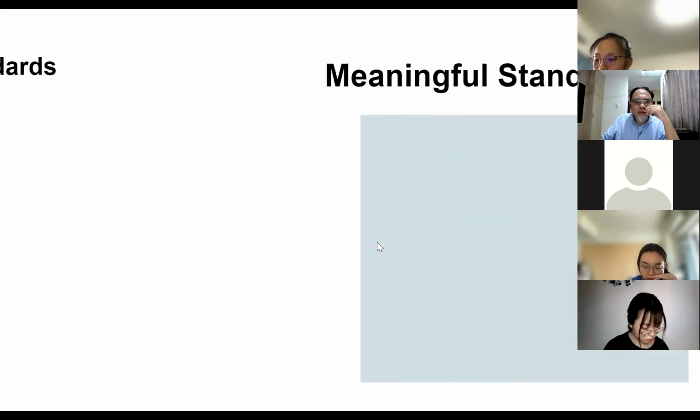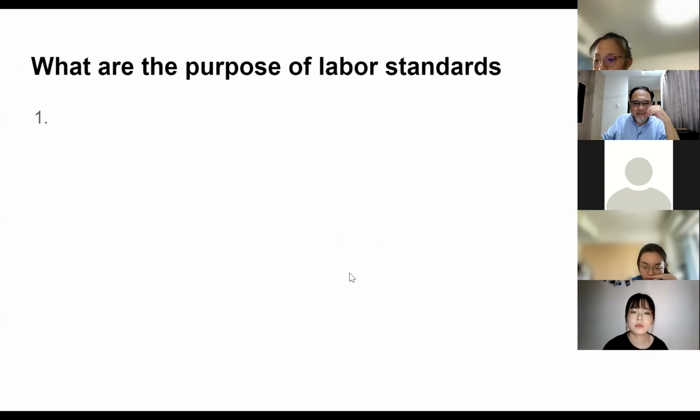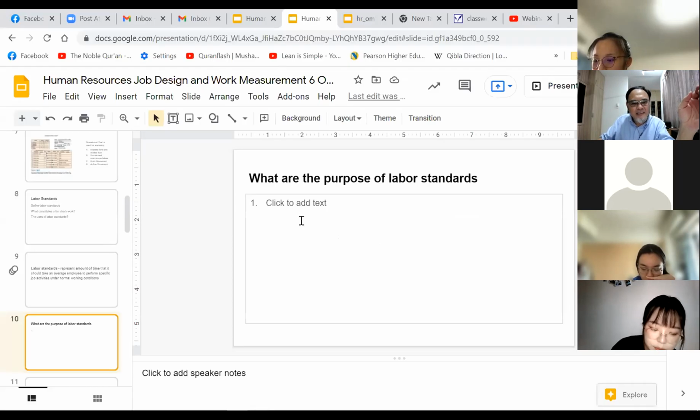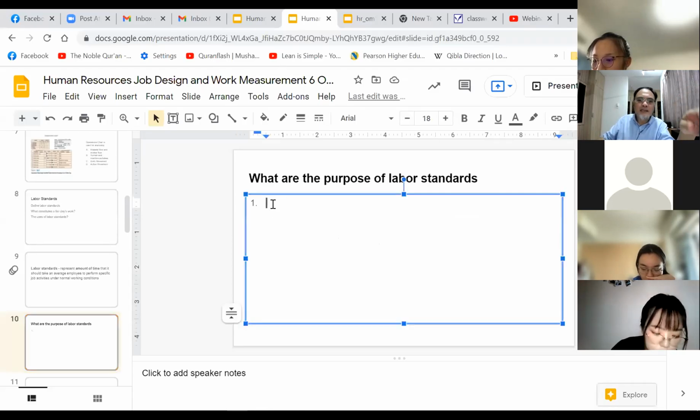So what is the purpose of labor standards? What does it provide to a company? Can you think of one specific purpose that a company will benefit by having?